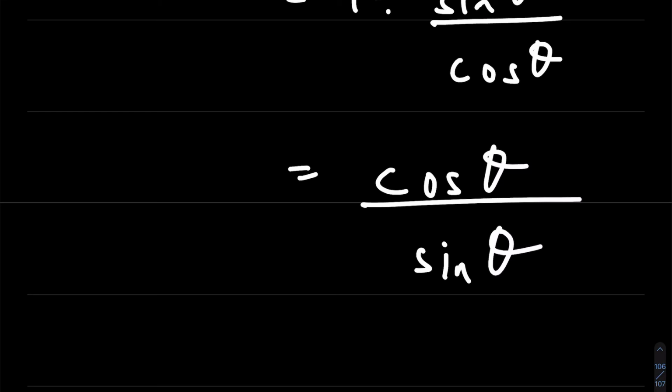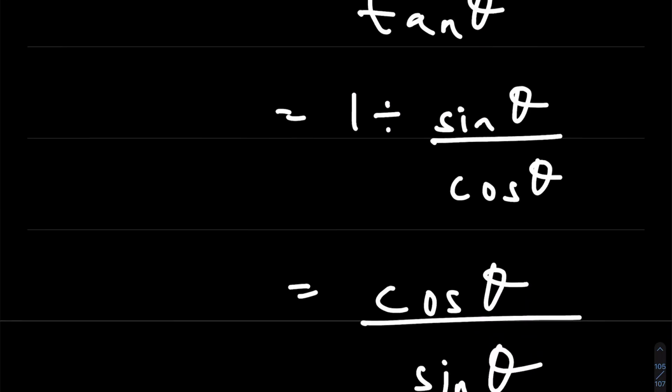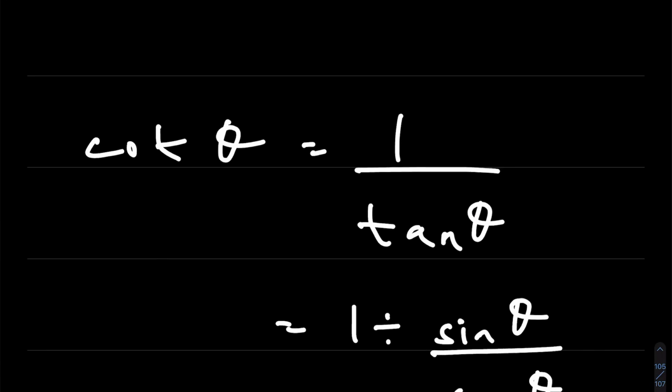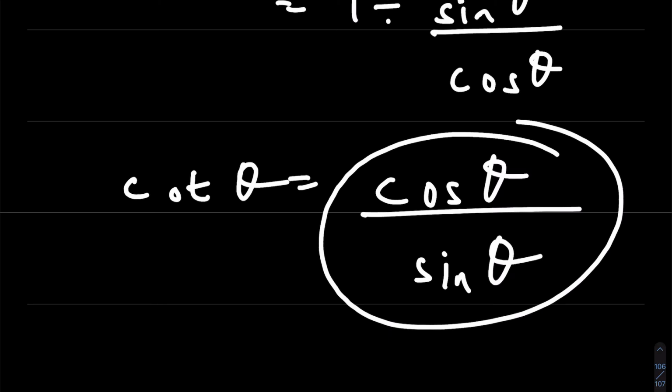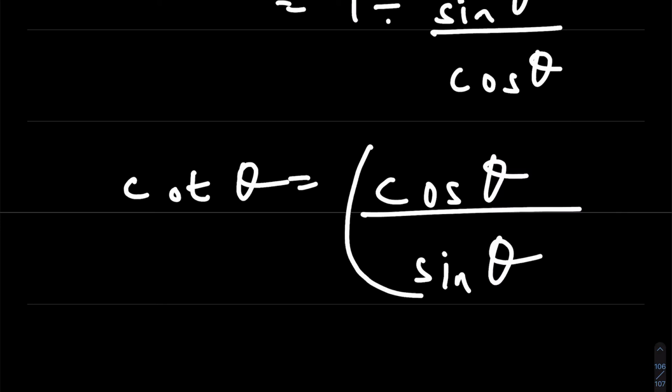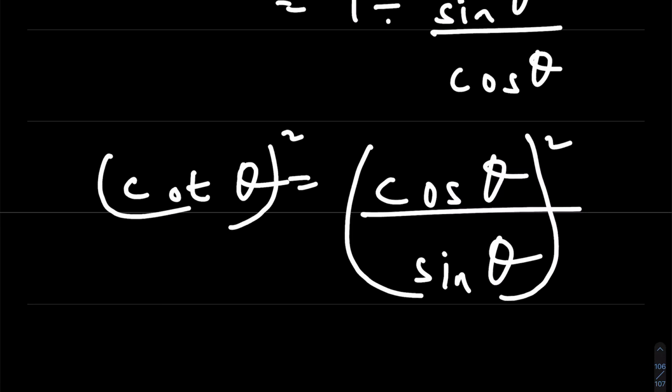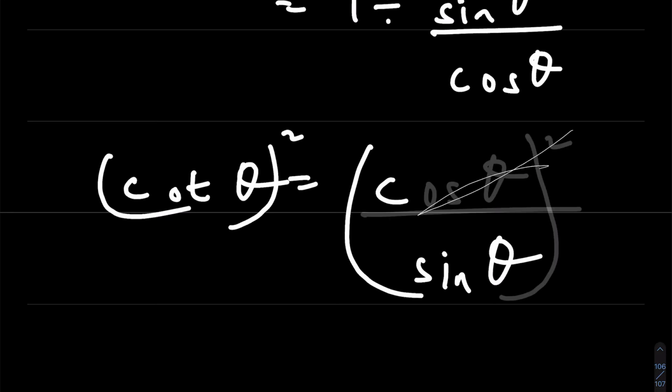And if you square that, you have cos squared theta over sine squared theta, which will be the same as cot squared theta. Cot theta is cos theta over sine theta, so the square of this is the same as the square of this. So cot squared theta is the same as cos squared theta over sine squared theta.